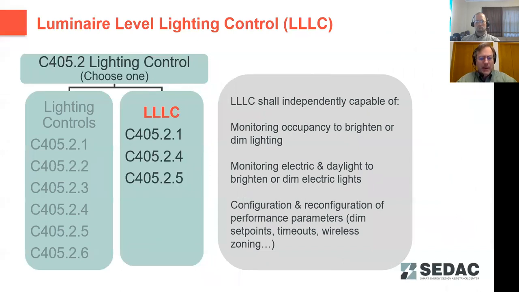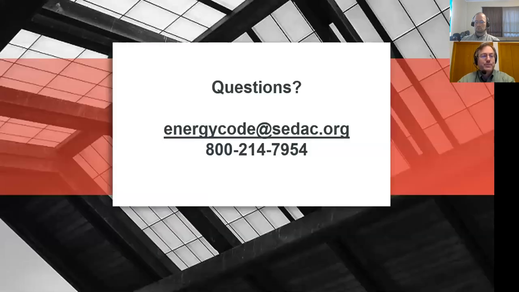A few things that it does require: you have to be able to configure and reconfigure the systems wirelessly. They can use wired communication between the fixtures, but there has to be some method wirelessly to reconfigure the system.